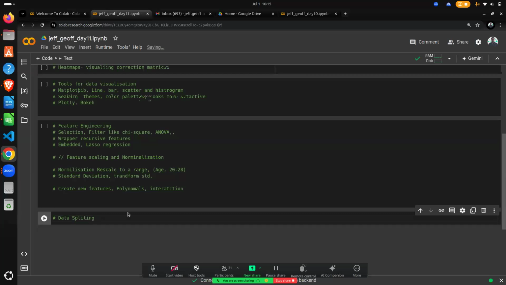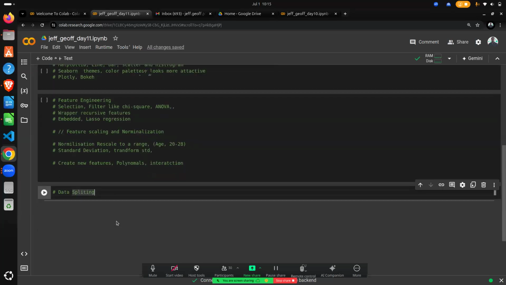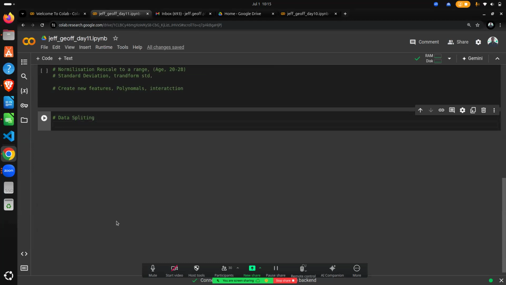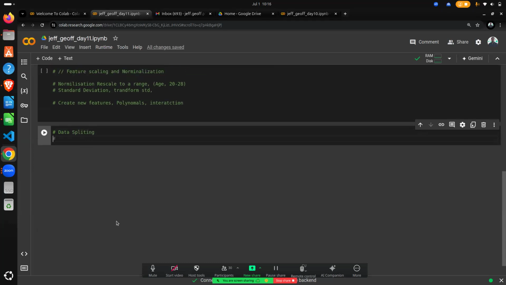Data splitting. If you're going to deal with training and evaluation of a model, remember, I've not yet even talked about the algorithms.